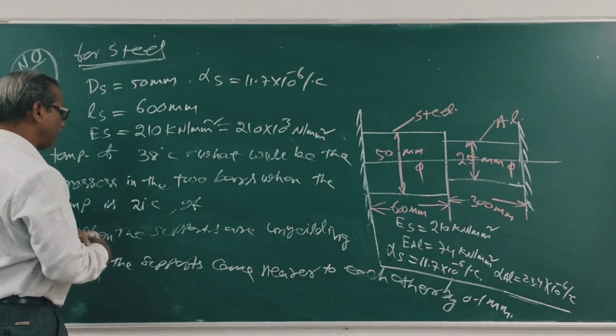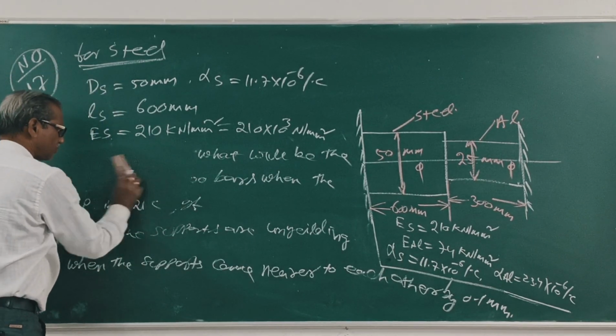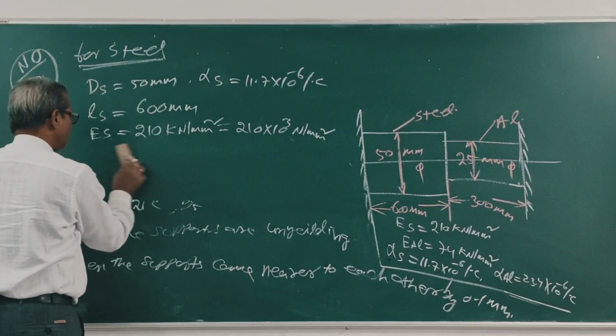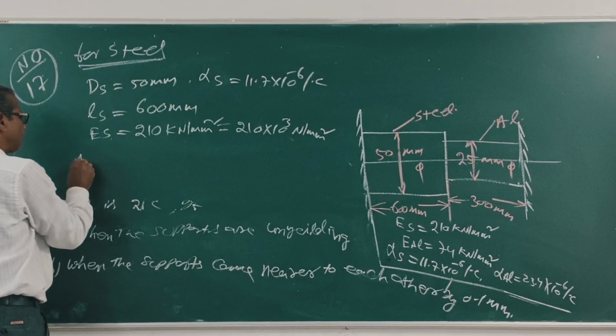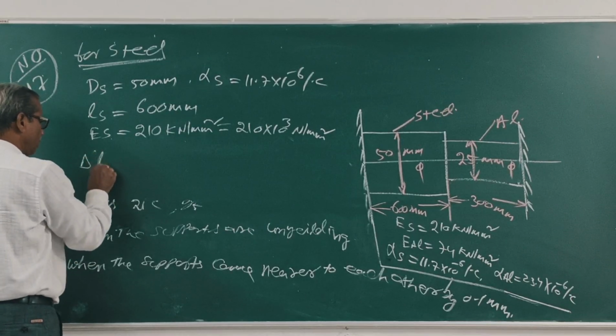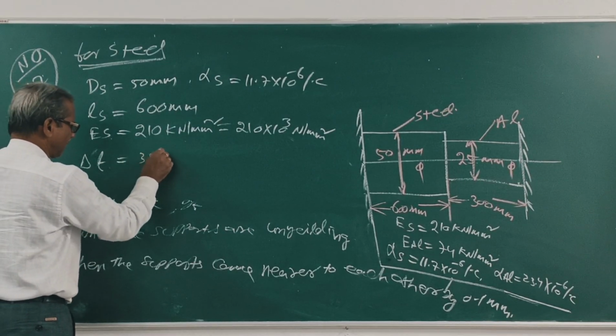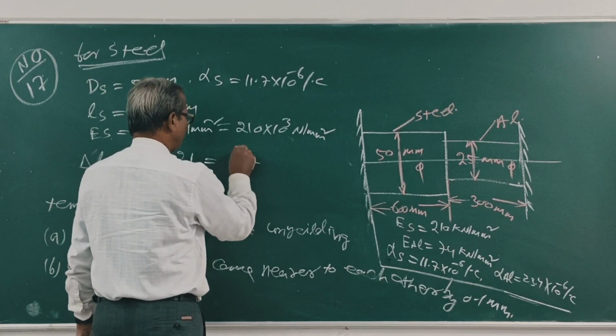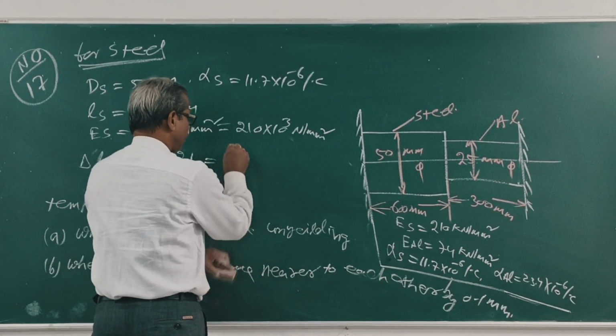Clear? So delta T is equal to 38 minus 21, 1 degree centigrade.